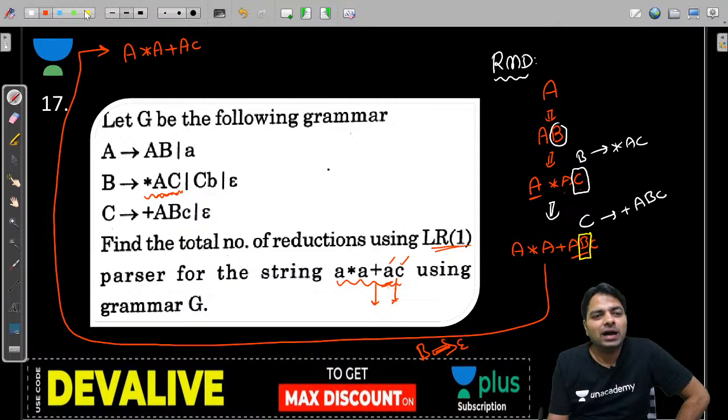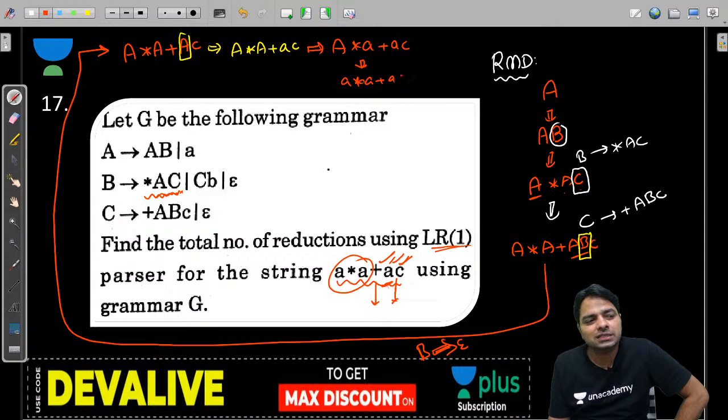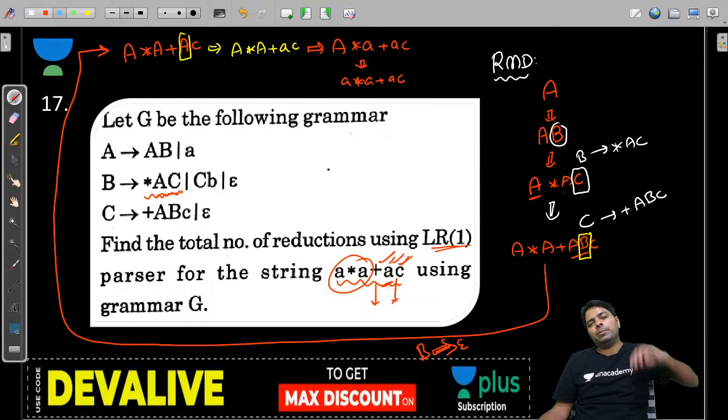Now the rightmost non-terminal is A. I am going to substitute it with small a. So I have almost derived that C A plus. Now I want this A star A. Obviously you can do that. A star A plus AC, and from here A star A plus AC. Why am I doing this many derivations? Because I want to find the number of reductions.